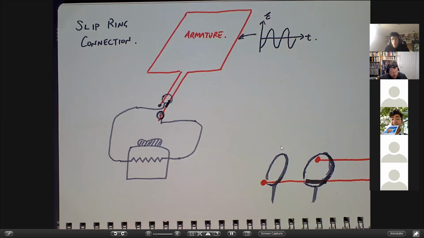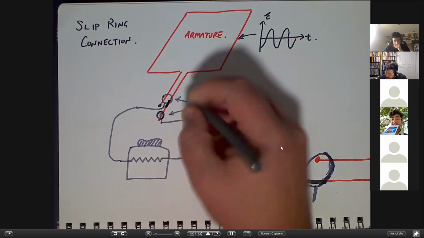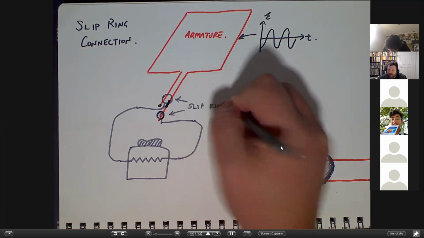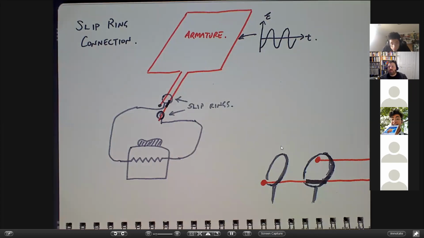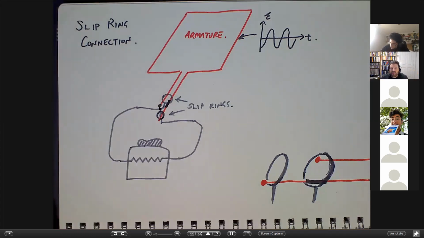Okay, so we have these things here called slip rings. We also put some carbon brushes inside those slip rings so that we've got a bit of give and a bit of softness for it to make that contact better. But the basic idea is that one of these terminals will always be in touch with one of the slip rings. The other of the terminals will always be in touch with the other of the slip rings.